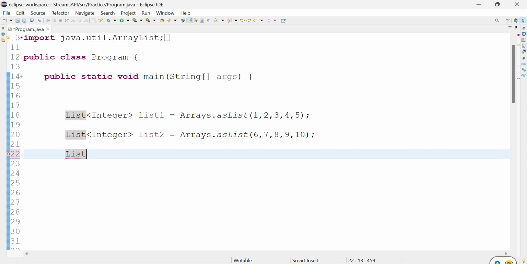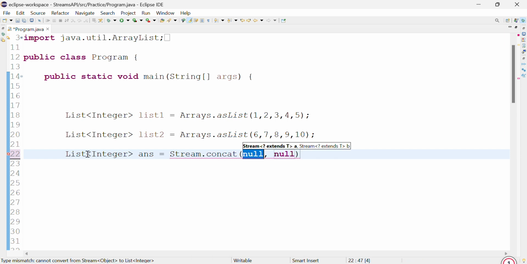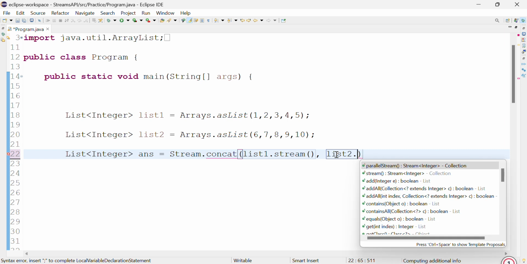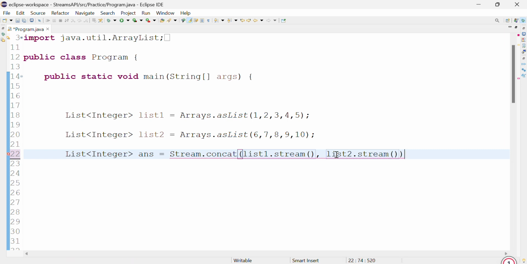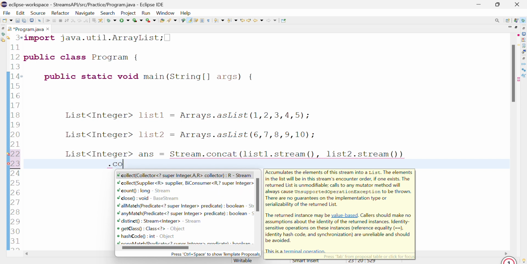so we are expecting one list of integers in the answer, so Stream.concat. This is expecting a stream, therefore we give list1.stream() and list2.stream(), and we collect it.